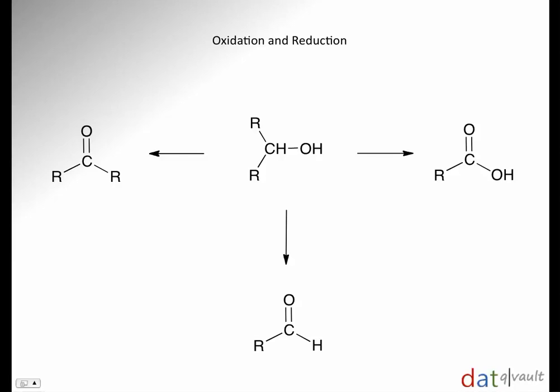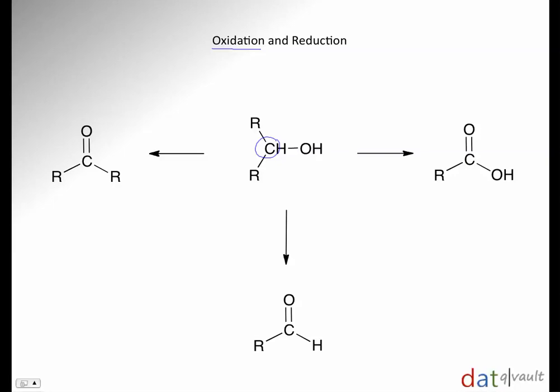So, what are we talking about when we say the word oxidation of an alcohol? In specific, we're talking about the oxidation of this central carbon right here. And when we're talking about oxidation, we're talking about changing the formal charge on this central carbon.